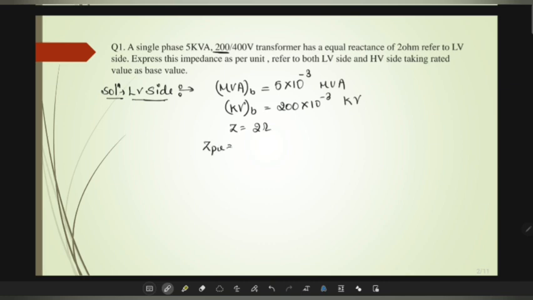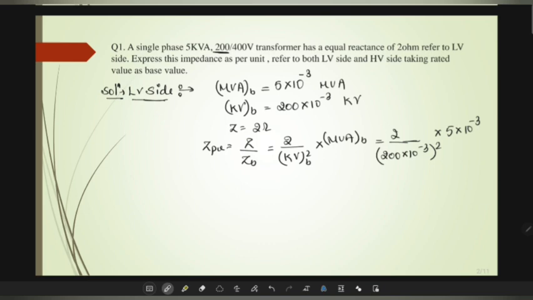So the per unit impedance will be the actual impedance divided by the base impedance. The actual impedance is 2 ohm. What is the base impedance? That is kV base square divided by MVA base. So you will get 2 divided by (200 into 10 to power minus 3) whole square divided by 5 into 10 to power minus 3.